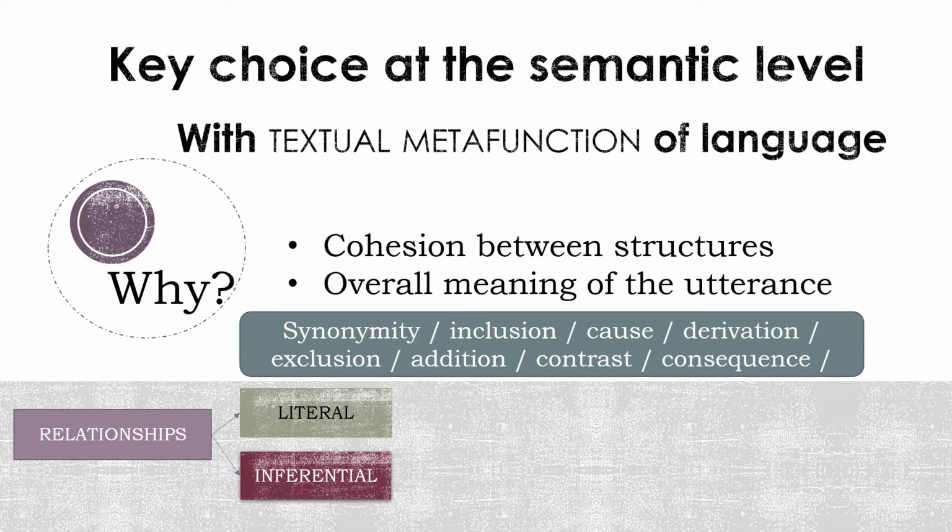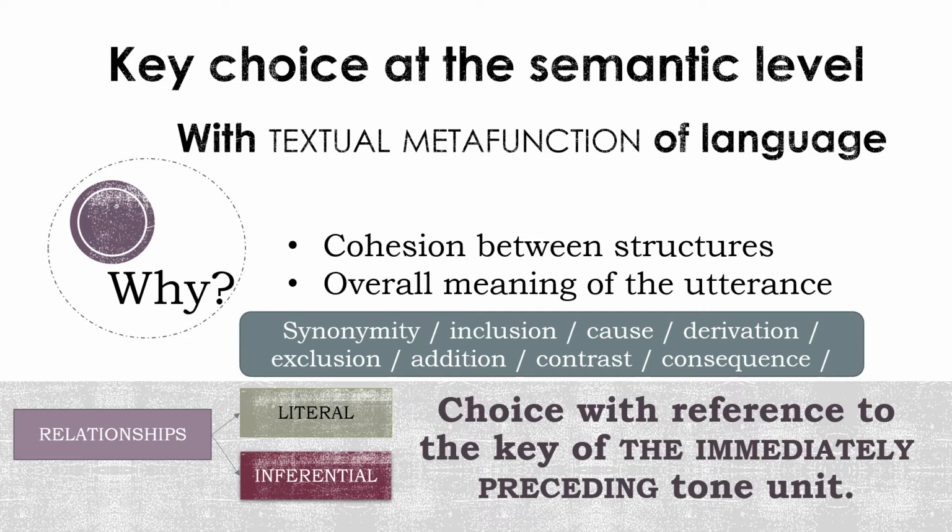But sometimes the meaning relationships between two tone units are not so clear. And so we have to go through an inferential process. It means a cognitive process of trying to deduce the ideas that the speaker wants to express between two tone units.